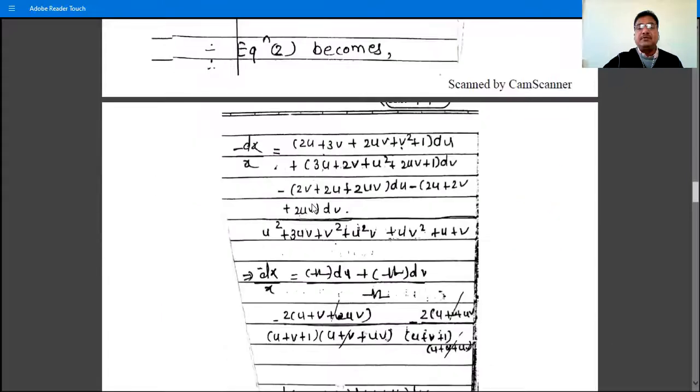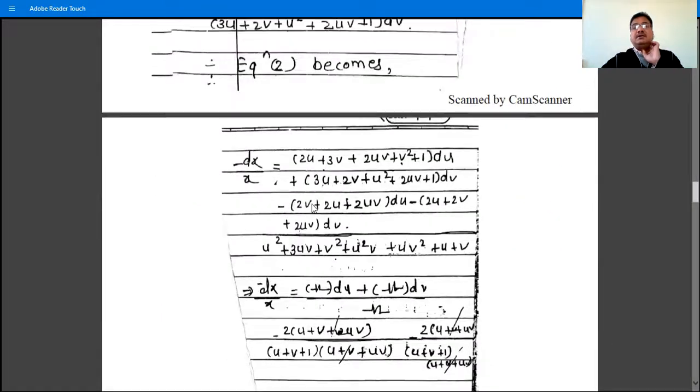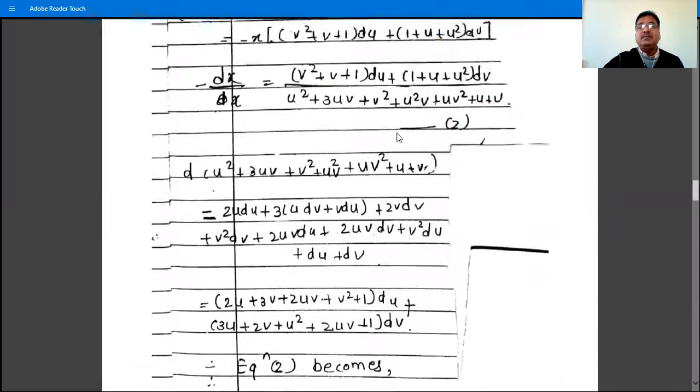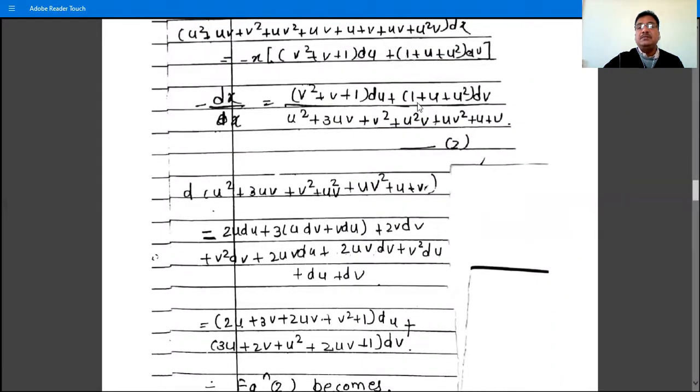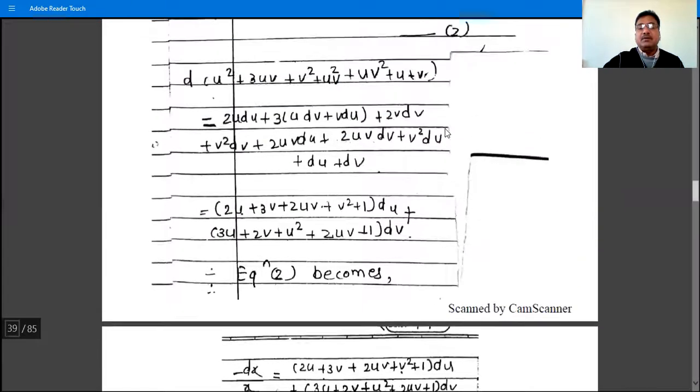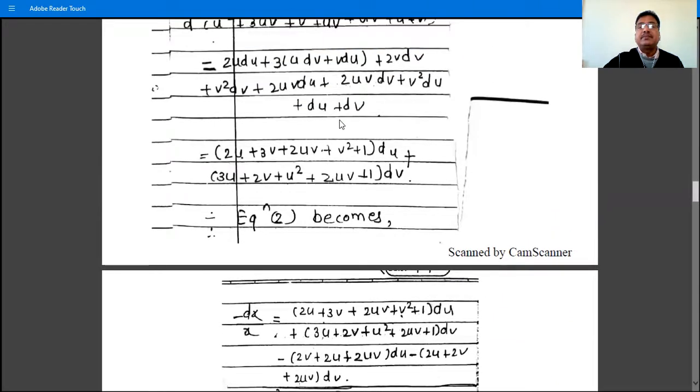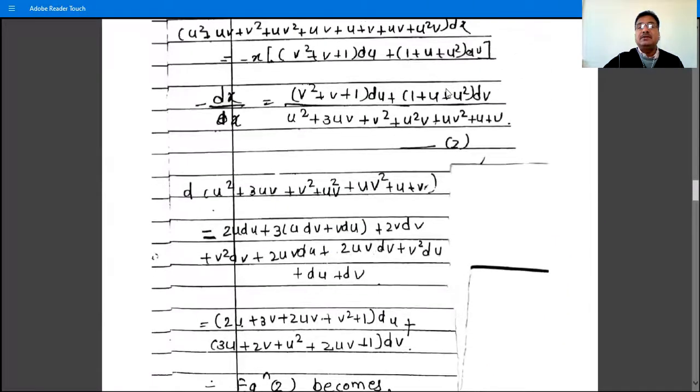So adjust the derivative of the denominator at the numerator. Then write this term: 3u plus 2v plus v square plus 2uv plus 1 dv. But if you observe, there is 1 plus u square. So u square is there, then plus 1 is there, but here is 3u, and in this there is u.